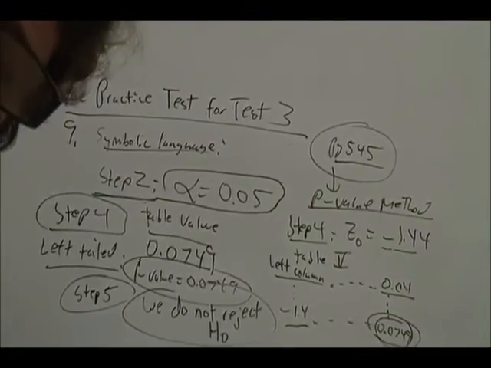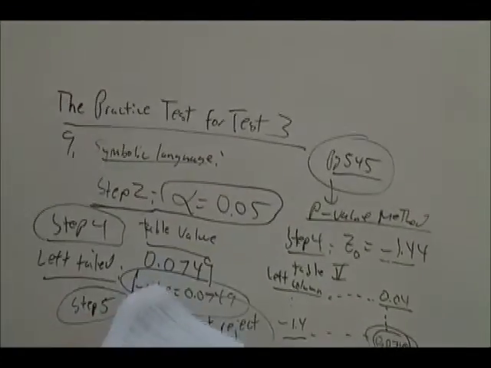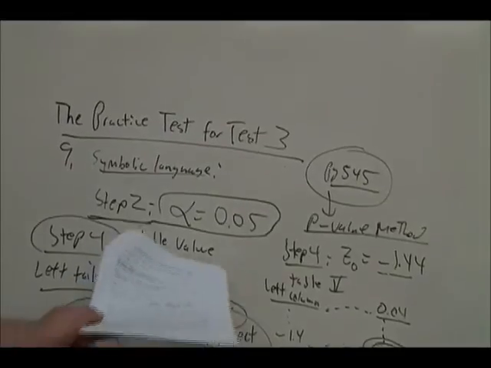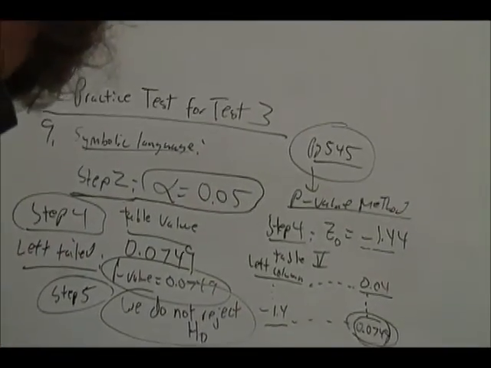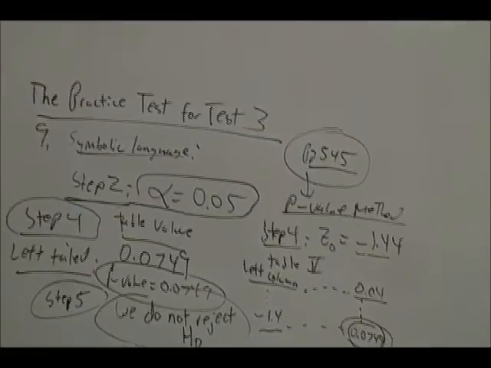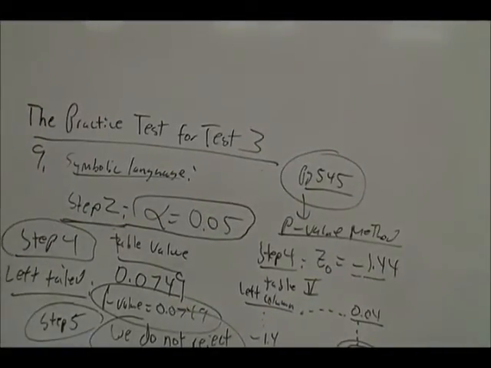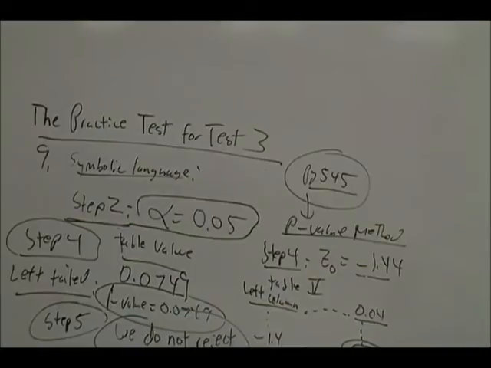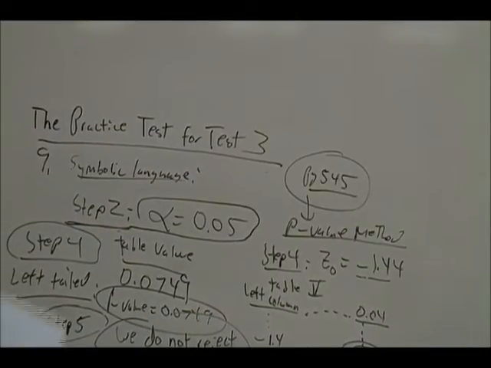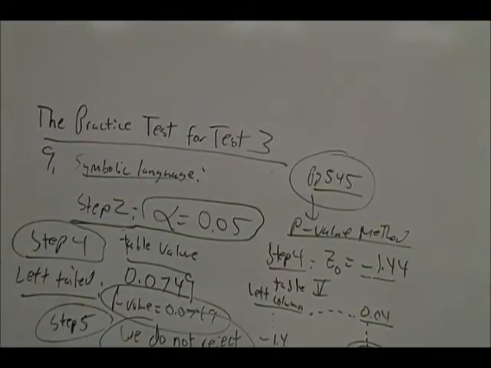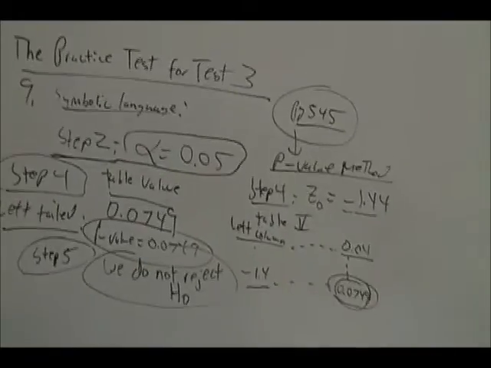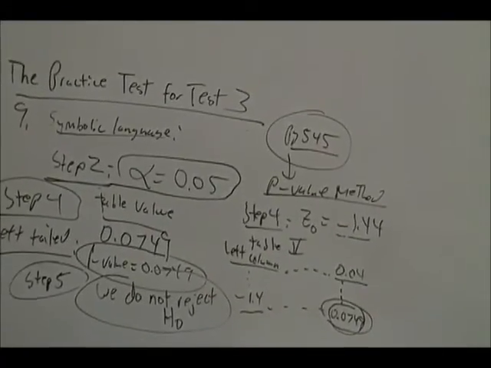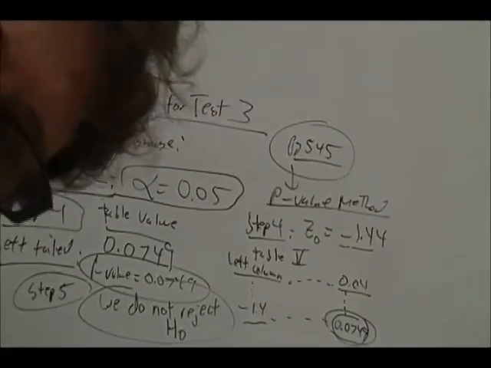If the p-value is not less than the significance level, and it isn't, 0.0749 is not less than 0.05, then we do not reject H naught. So the only possible answers to step 5 are, you either reject H naught or you don't reject H naught. If the p-value is less than alpha, you reject H naught. If the p-value is not less than alpha, you do not reject H naught. So our answer to step 5 is we do not reject H naught.